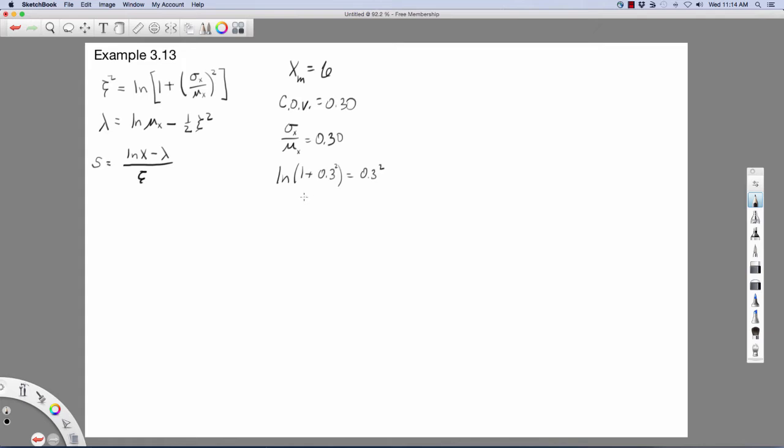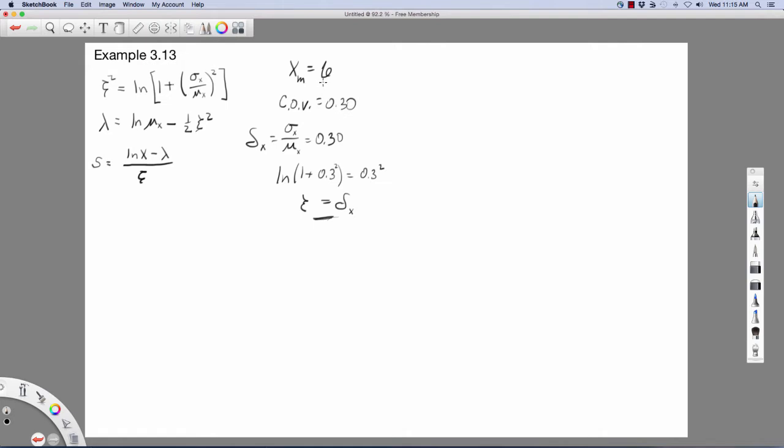And therefore, we can say, well, zeta, because we take the square root, we're given in the definition zeta squared is equal to this term. And the approximation is giving that squared, so we take the square root of both sides. So essentially saying that zeta is equal to the coefficient of variation, which remember is the symbol delta x that your textbook uses. So this is the first piece of information that we are going to utilize, given that we have the coefficient of variation equal to 30%.